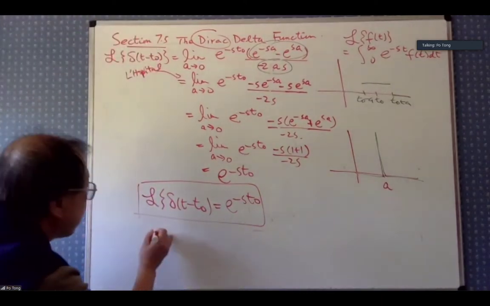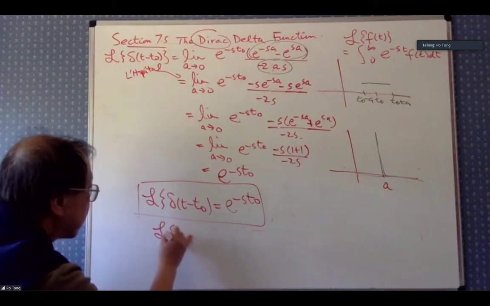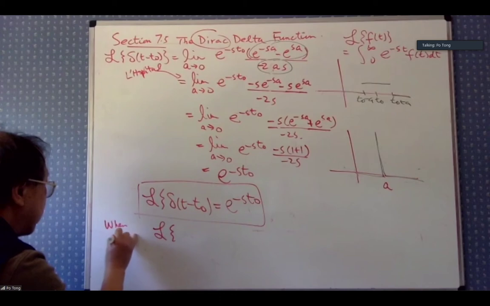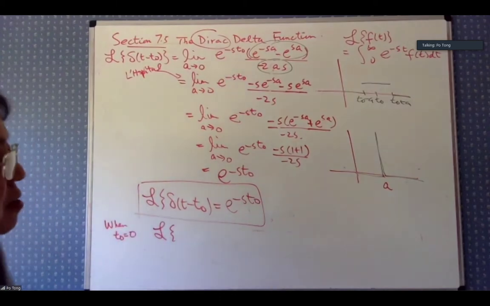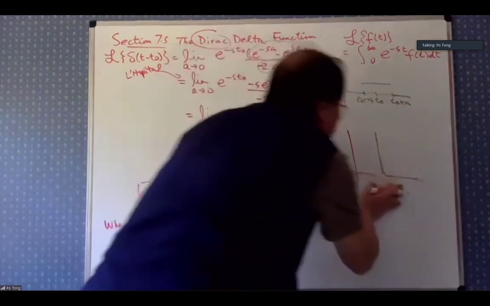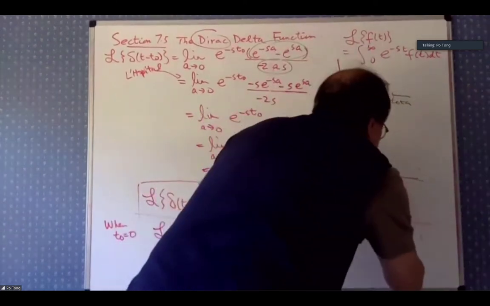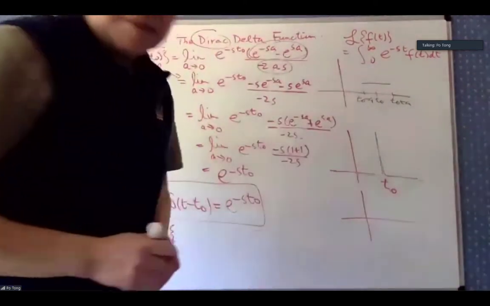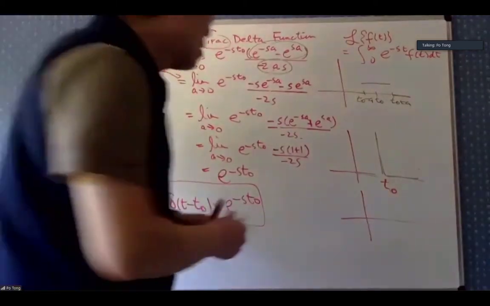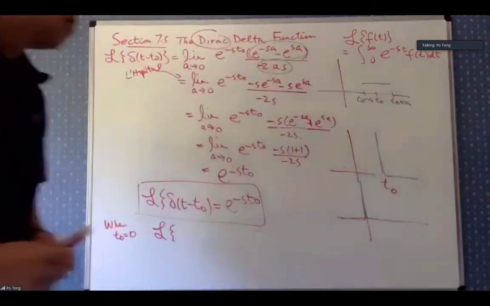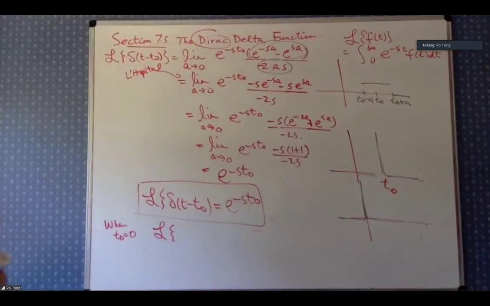So what do you think is the Laplace transform of... okay, so what happened when t0 equals 0? When t0 equals 0, what happened? The spike is right there.